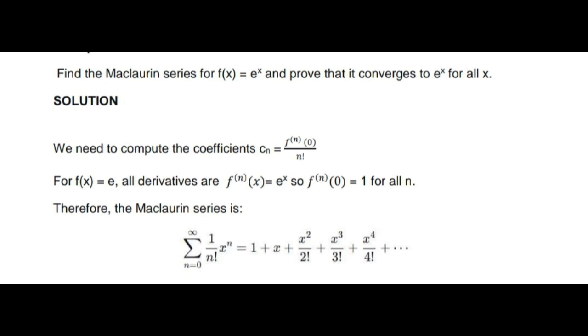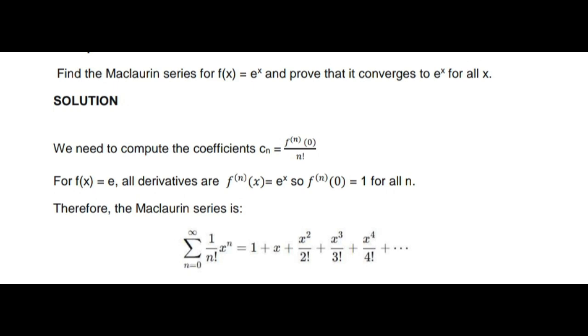To show this converges to e raised to x for all x, we examine the remainder term. Using Taylor's inequality, we can show that the absolute value of R sub n of x is less than or equal to M times the absolute value of x raised to n plus 1 over (n plus 1) factorial, where M is a bound on e raised to x.